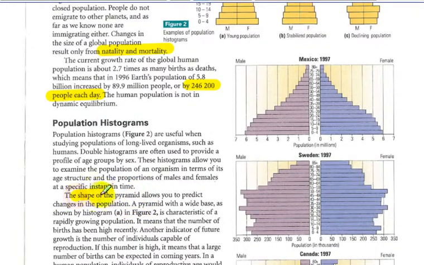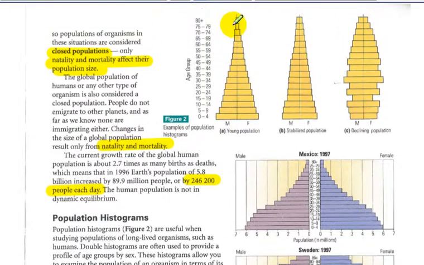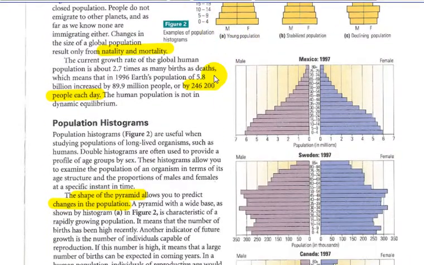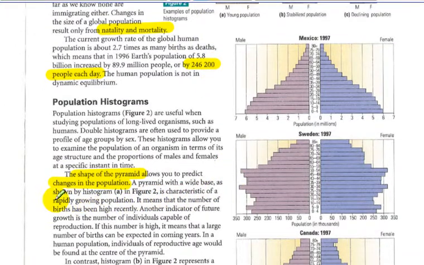The shape of the pyramid allows you to predict the changes in the population. A pyramid with a wide base, such as here, so a wider base, of course that illustrates that there's a lot of young people there. And if there are a lot of young people, it's a growing population. It means that the number of births has been high recently.